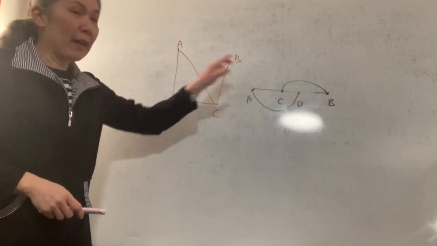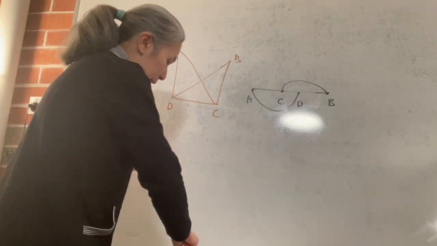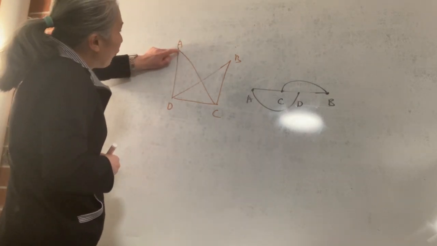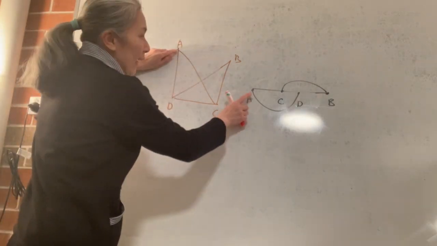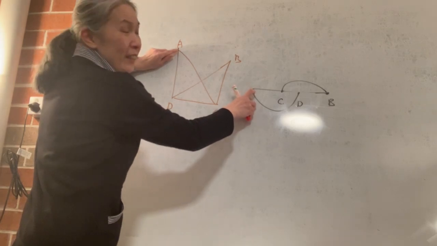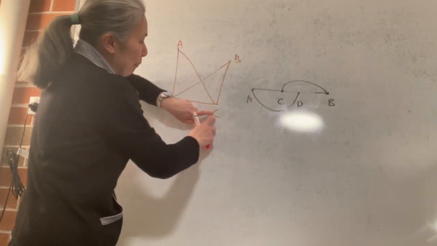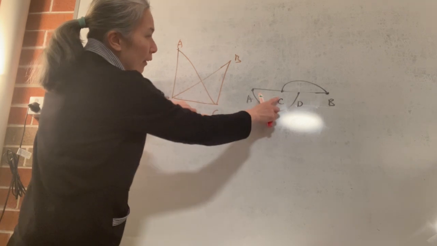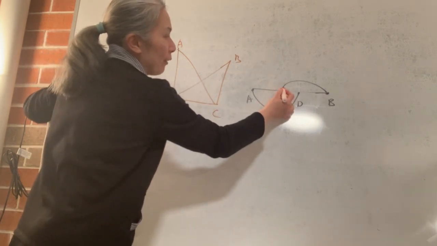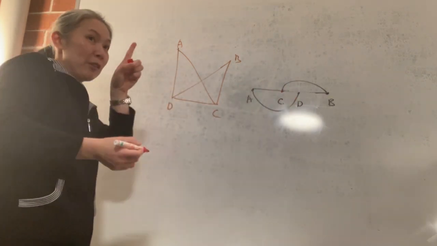For them to be isomorphic, I just compare these two. Look at the vertex A. It has degree 2. Look at the vertex A in here. It also has degree 2. So every single one has to be the same. Vertex C, degree 3. Vertex C has degree 3. Right, that is the first criterion.